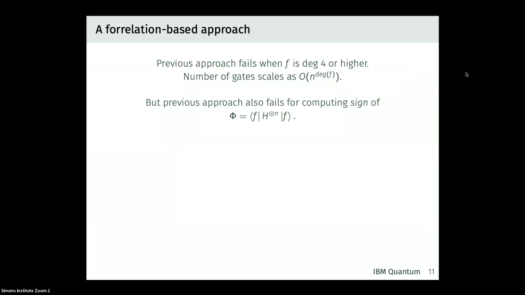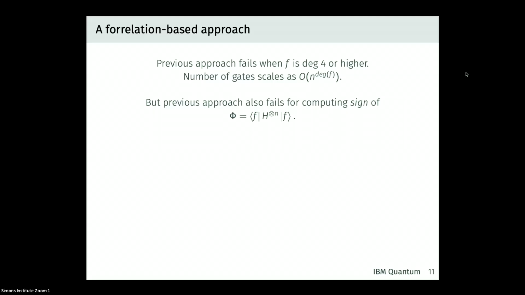So the previous approach also fails if you actually just want to compute the sign of the correlator instead of its magnitude. Again, assume that the correlator is large, close to +1 or -1. But I just want to know, what is its sign? Is it +1 or is it -1?